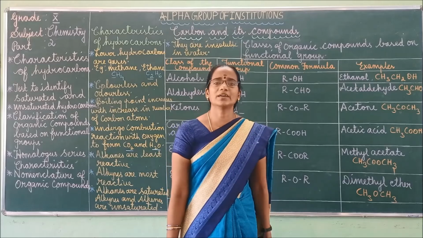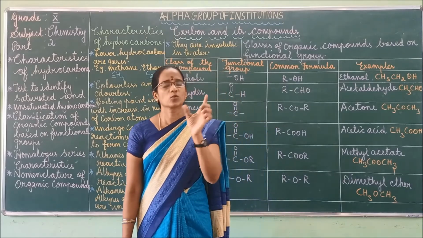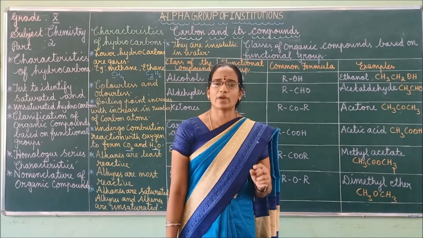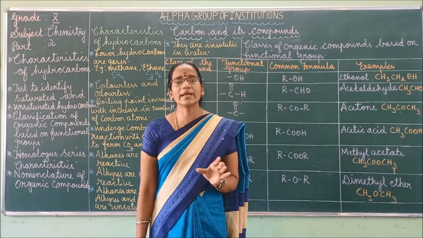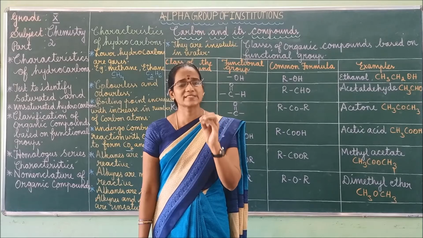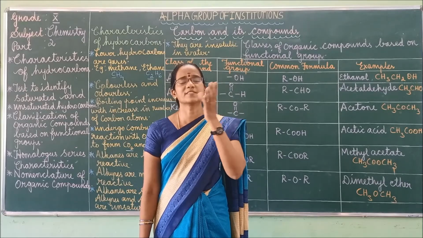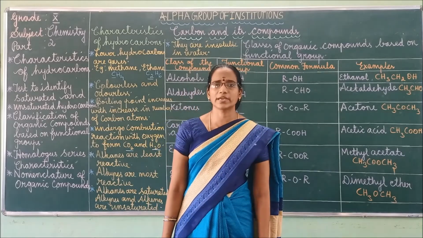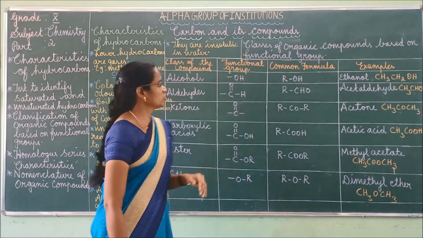So these are called the functional groups. What is meant by functional group? Atoms or groups of atoms that make the general properties of the organic compound are called the functional groups.